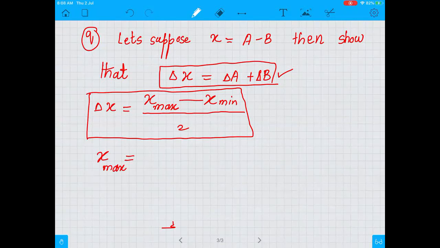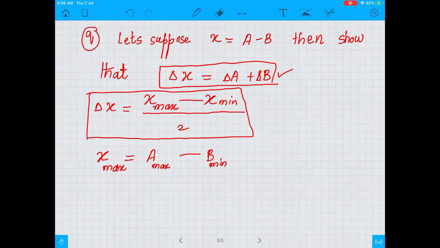X maximum would be when a is at its maximum value and b is at minimum value. Hence x would be maximum when a is maximum and b is minimum.